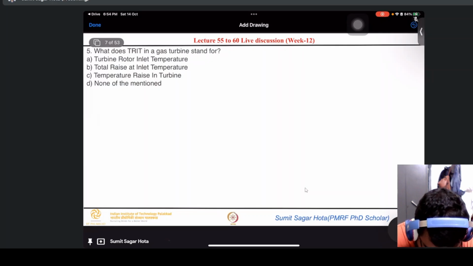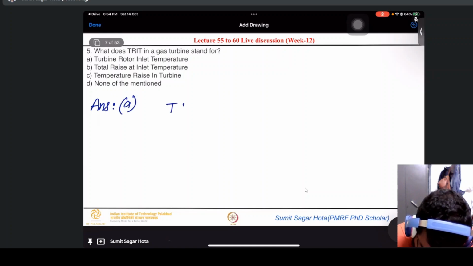What does TRIT in a gas turbine stand for? TRIT is turbine rotor inlet temperature.